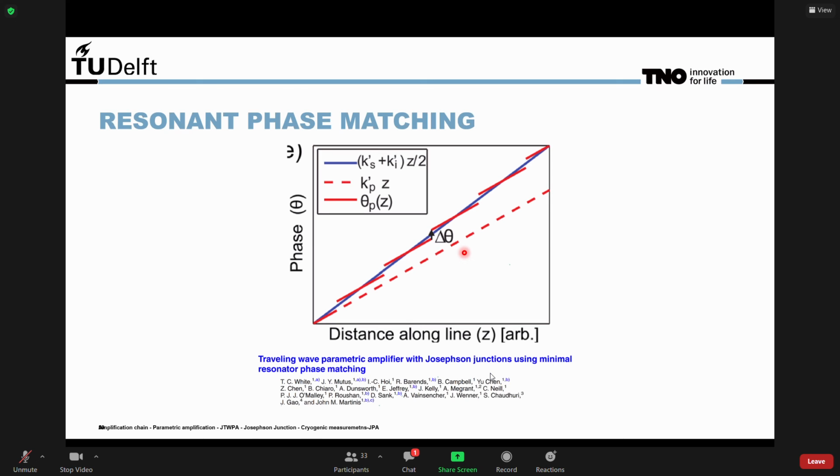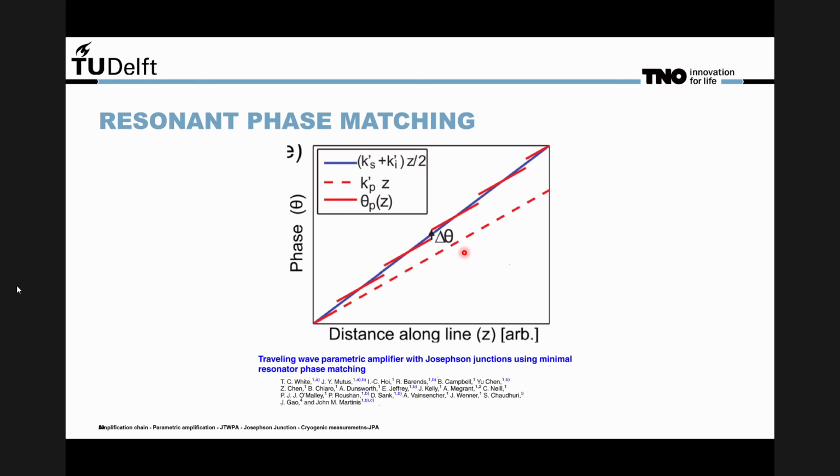To keep it short, it's just to optimize the gain, so you won't get a lot of reflections. The first type of devices did not have this RPM unit, and they could not even transmit through the device because it was phase mismatched.